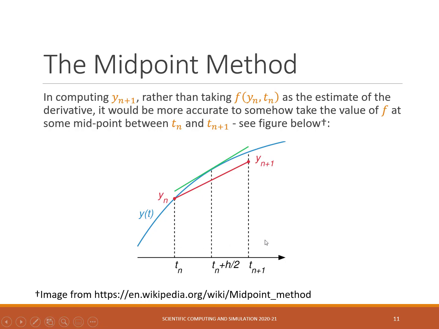For instance, in this figure, it is assumed that y_n equals the exact value y(t_n). The midpoint method takes the value of f at t_n plus h/2 rather than t_n. This way, the step size is halved and consequently the accuracy enhances.